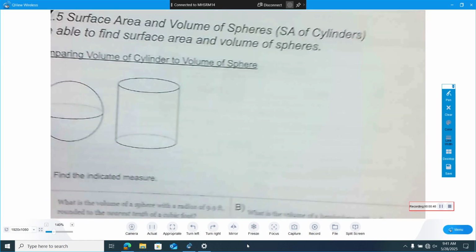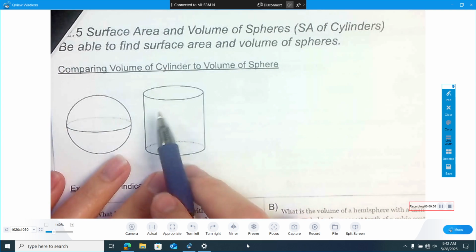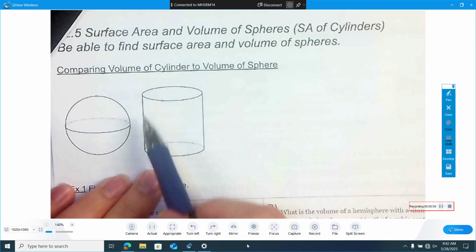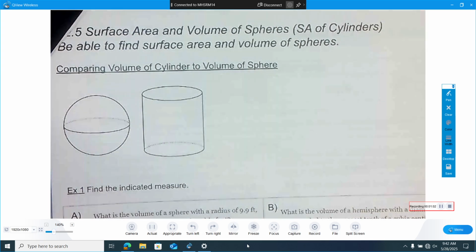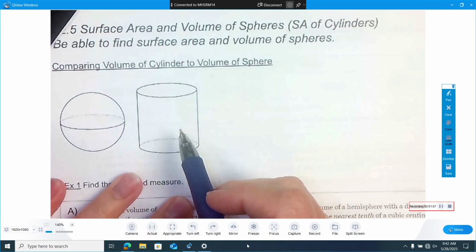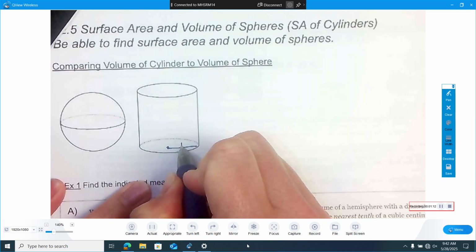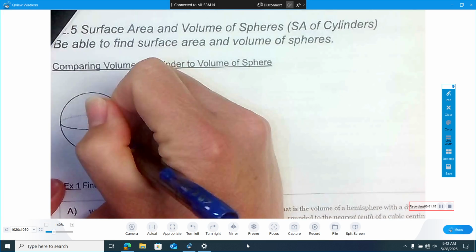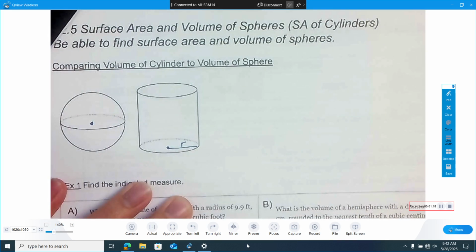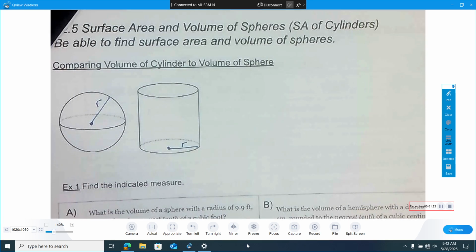We want to start talking more with volume to get started, but we're also going to talk about some surface area today. We want to compare the volume of a sphere with a cylinder, and I have a little water demonstration here. Today we have a cylinder which has a radius r, and a sphere which has the same radius.